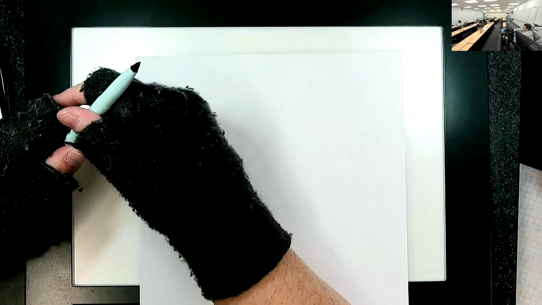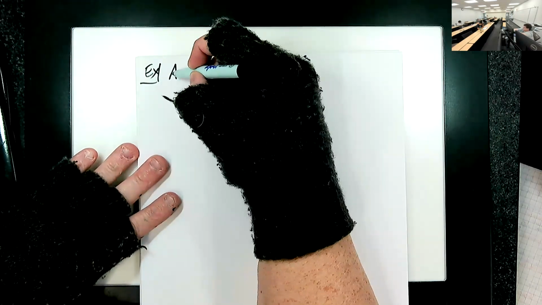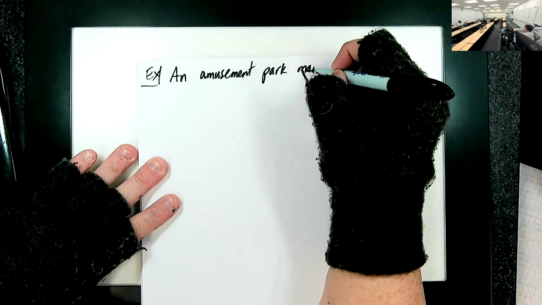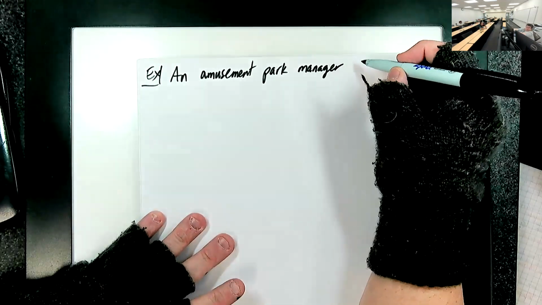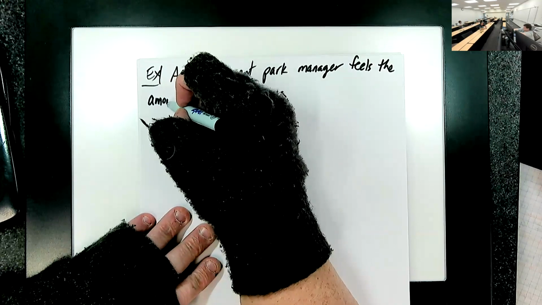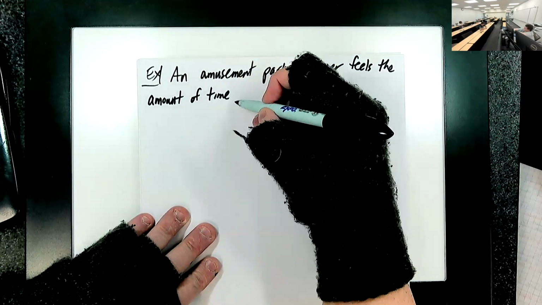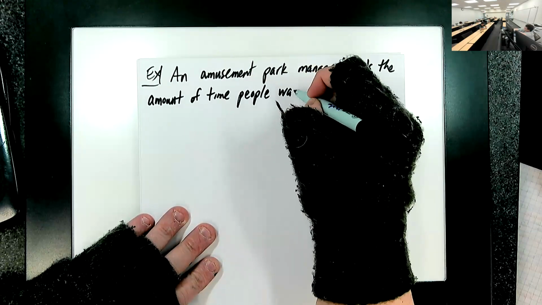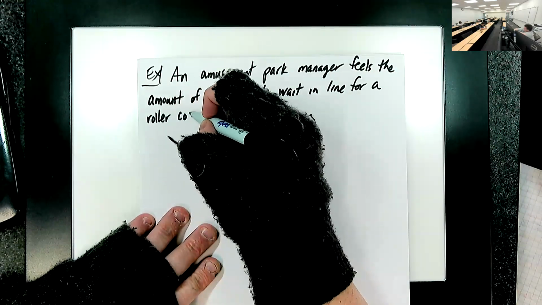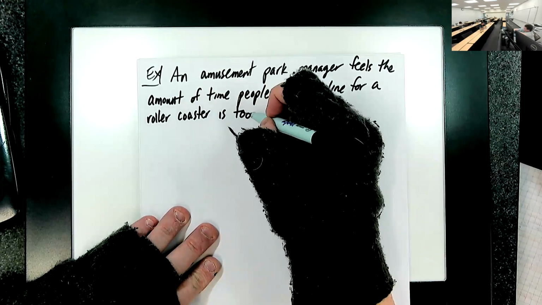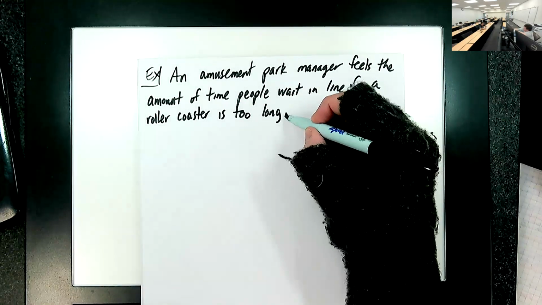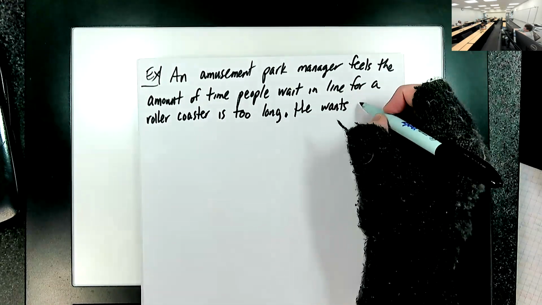So, example: an amusement park manager feels that the amount of time people wait in line for a roller coaster is too long. He wants to see if a new loading, unloading procedure speeds up the line.